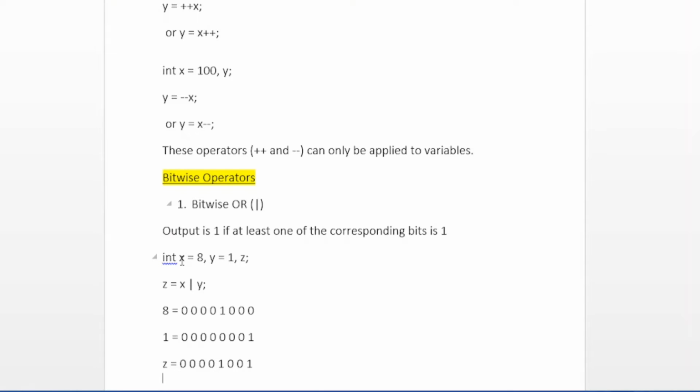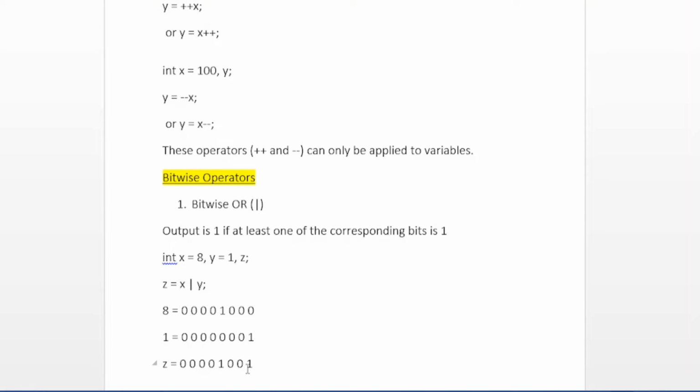Like here x is 8, y is 1, and z is assigned the value of the expression x bitwise OR y. Now 8 can be written in binary format as 0 0 0 0 1 0 0 0 and 1 is written as 0 0 0 0 0 0 0 1. So now when I perform bitwise OR of these two, x and y, this 0 and 1 becomes 1 because the output is 1 if at least one of the corresponding bits is 1.